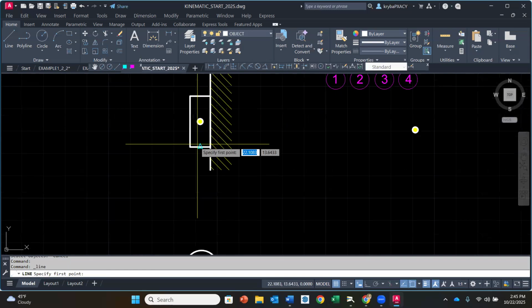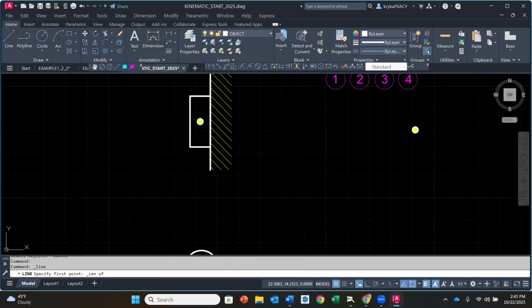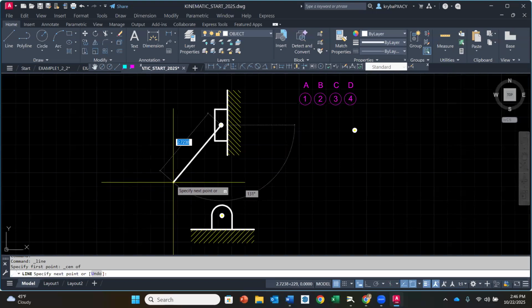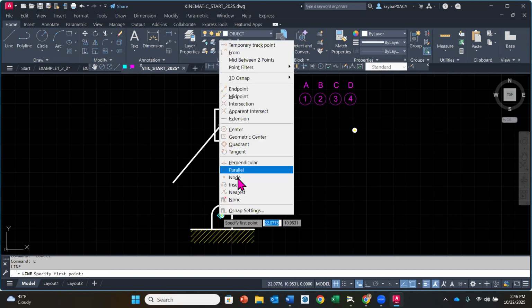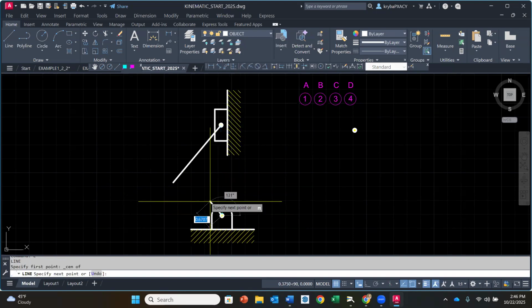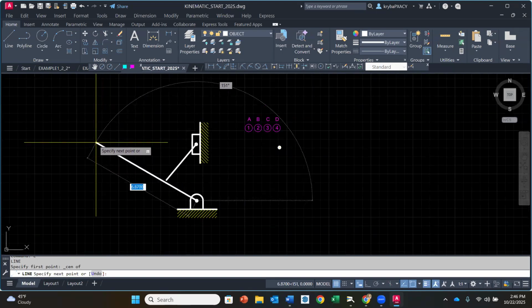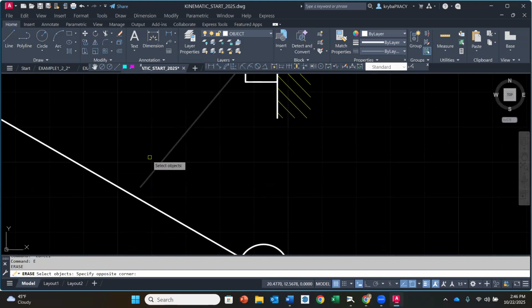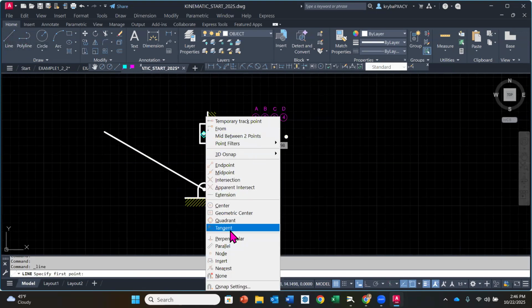So then I'm going to add my lines for each one of my links. I'm going to go to the center here. And this one goes right about there-ish. And then I'm going to do another line, center here. Actually, I'm going to just draw a straight line. And center.